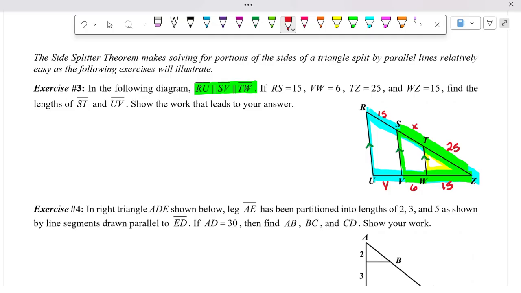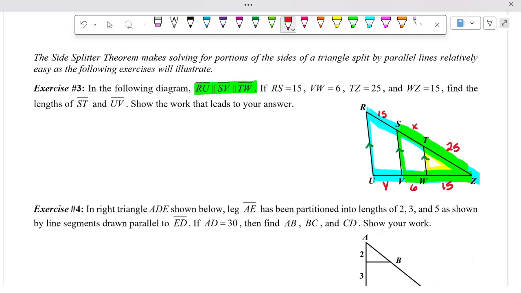I would say yellow and green. All right. Because for side splitter theorem to work, you have to have 2 full triangles. Now, remember, side splitter theorem, so ignore this part. You're going to do 2 pieces of one side over 2 pieces of the other side.